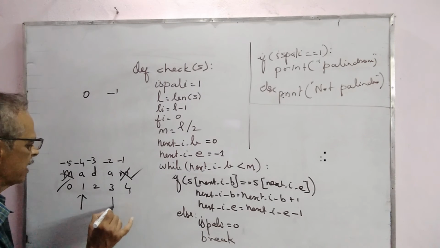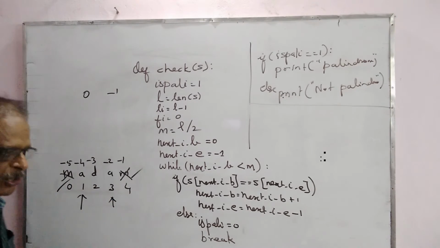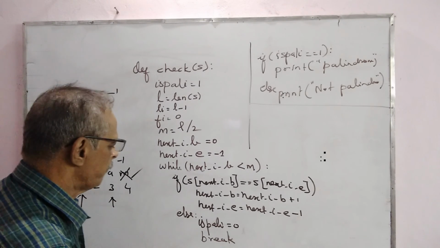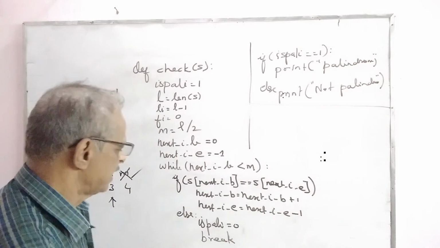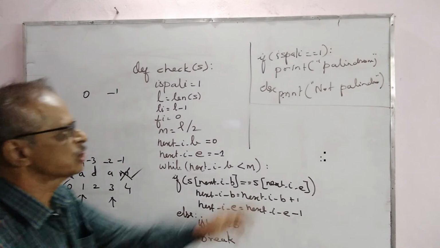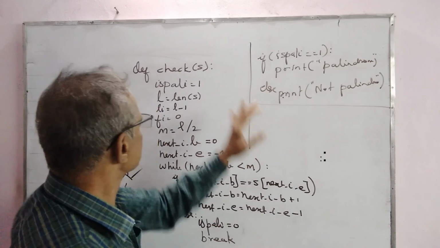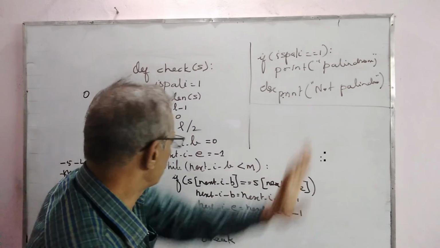We check these two characters. These two characters are equal. Then the loop exits normally without altering is pally. So if is pally equals 1, yes, then it is a palindrome.